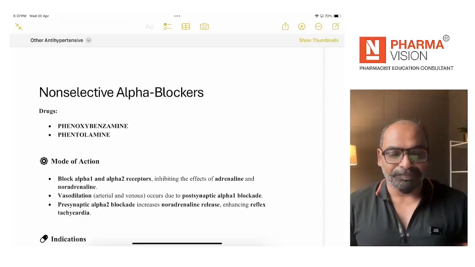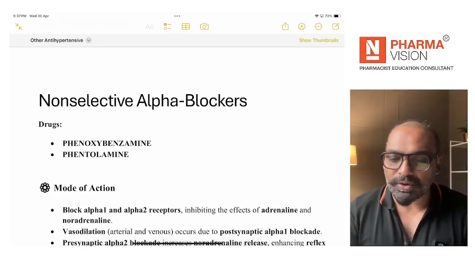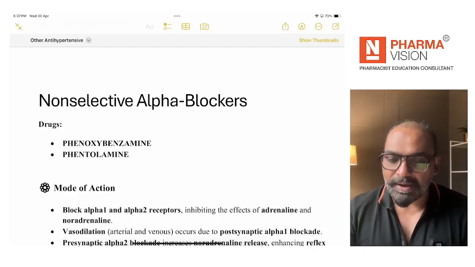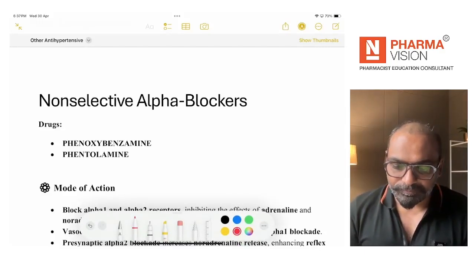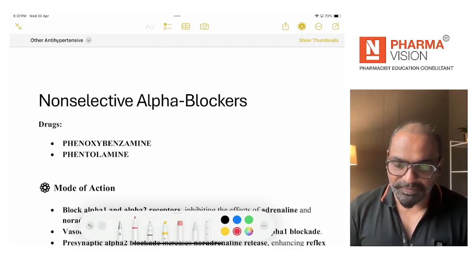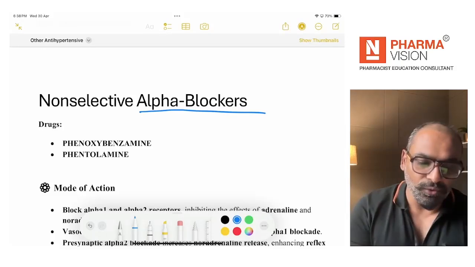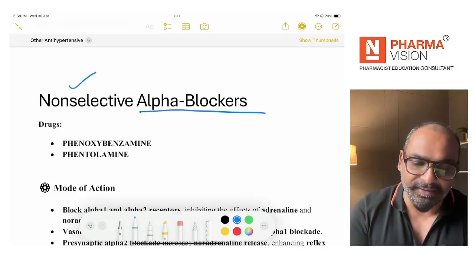First of all, we are going to divide alpha blockers into two different groups. First we have to break down the alpha blockers into non-selective and selective.